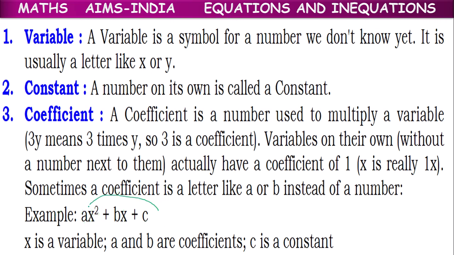So this equation has the variable x, a and b are the coefficients, c has no variable so c is a constant term, and 2 is the exponent. Here x power 1 is there, so 1 also is an exponent.